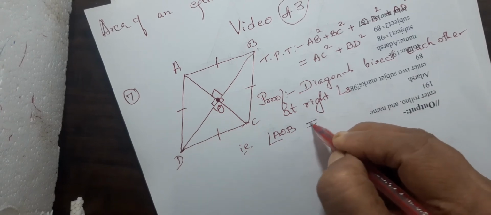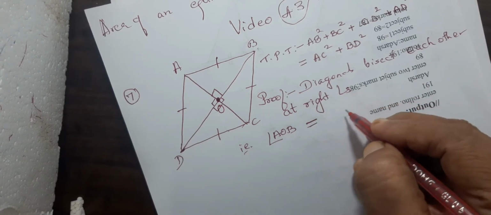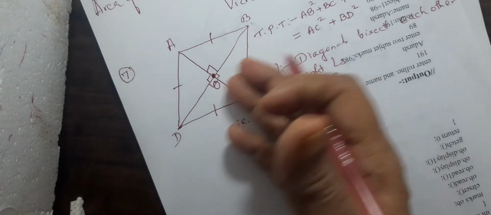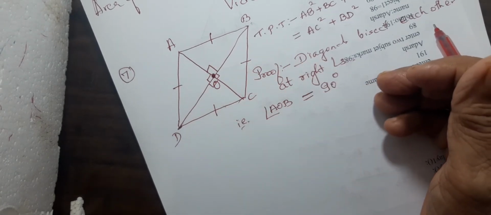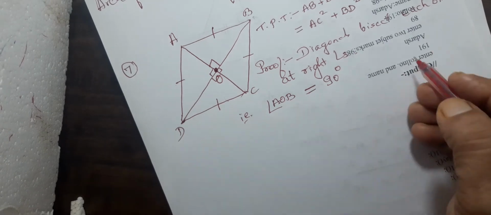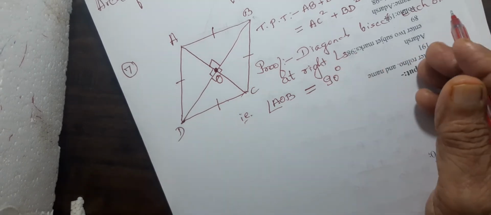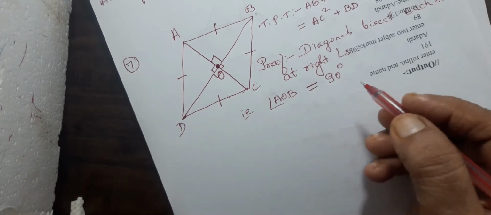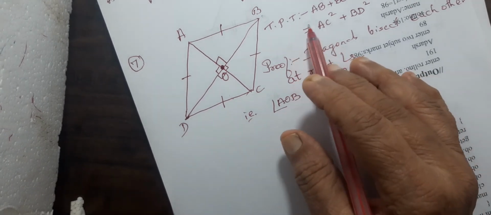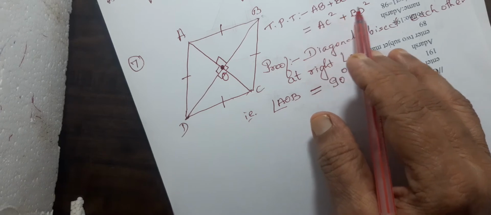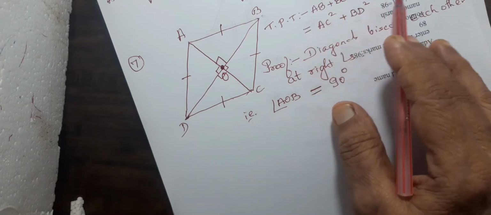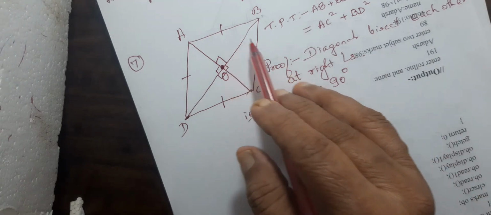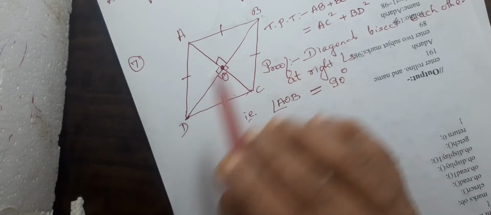While writing, we should just write angle AOB is equal to 90 degrees. Similarly, the others. So we have written this one property there. Now we can start like this to prove that AB squared plus BC squared plus CD squared plus AD squared, they'll all be the hypotenuses.